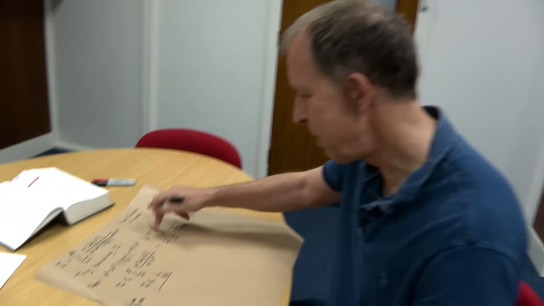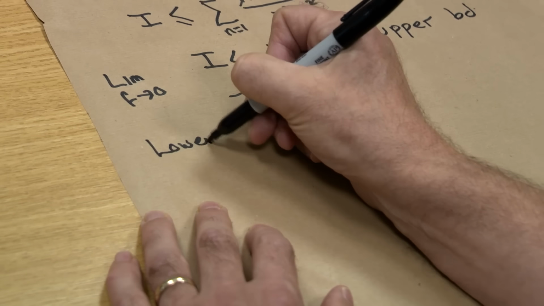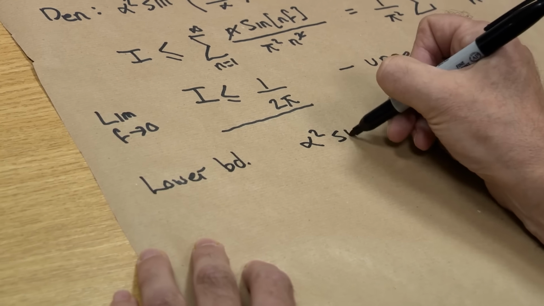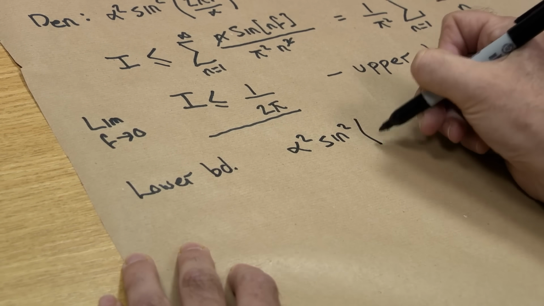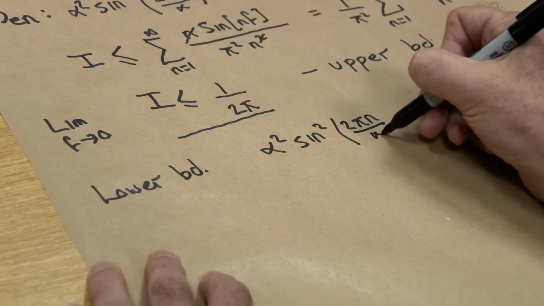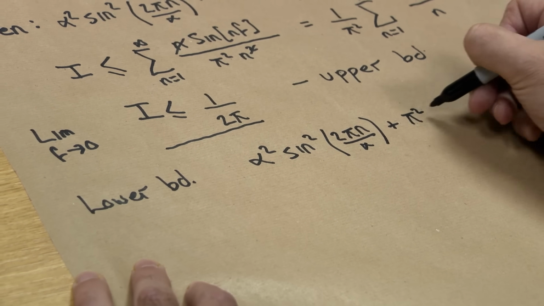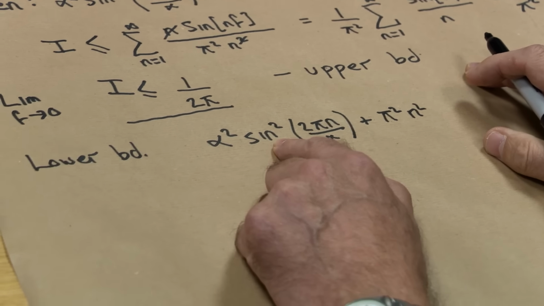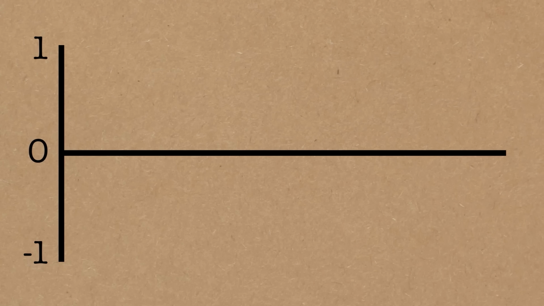And once again, I go back to my denominator here. To get my lower bound, I can make use of the same thing. If I once again look at alpha sine squared, once again the denominator, 2 pi n over alpha plus pi squared n squared. Well, sine squared is always less than or equal to 1. The sine squared function looks something like this.